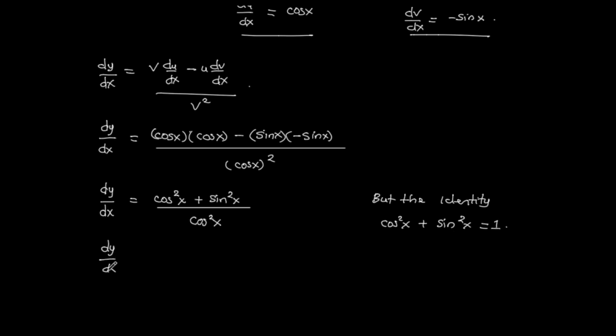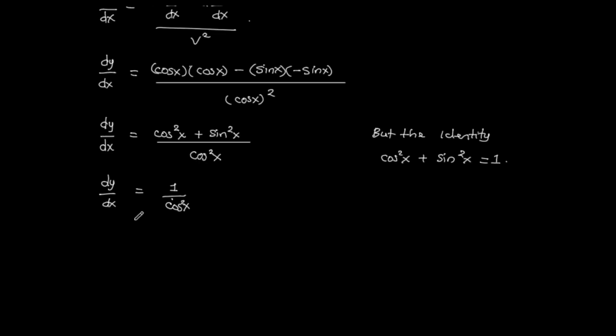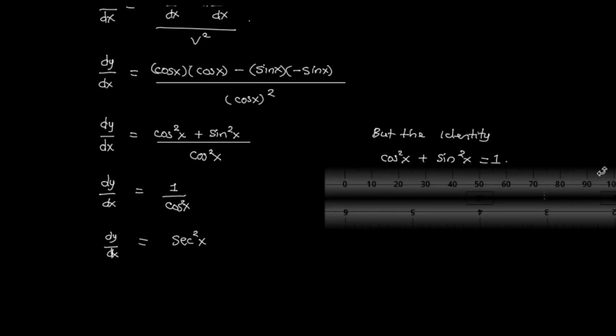So we can divide it by cos square x, and we also know that if you divide 1 by cos square x, we get secant square x, and that is the derivative of this question here.